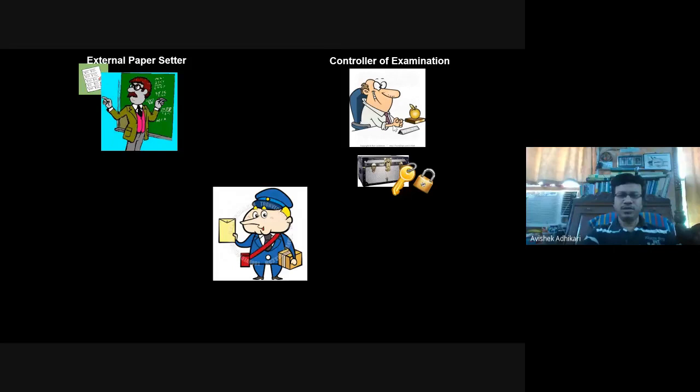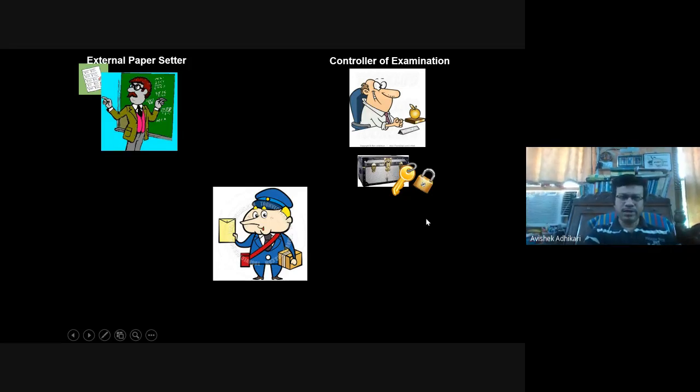So he made a lock, key and box for a paper setter, and being very particular, he ensures that no copies of this lock and key are available in his office. That means this is a single lock and key, no copy is available. Okay, and this is a box.